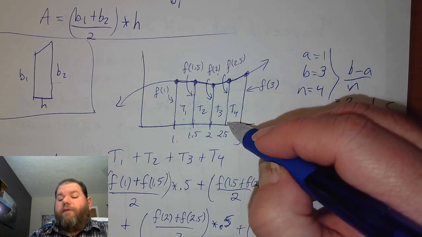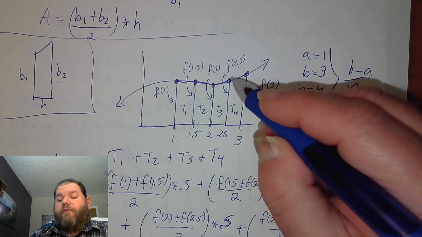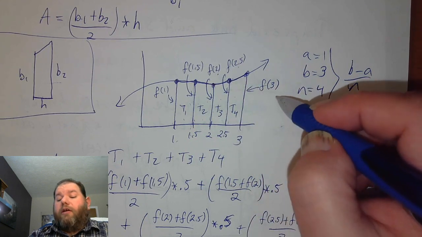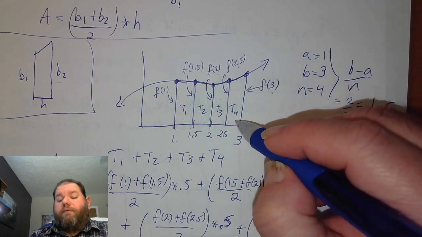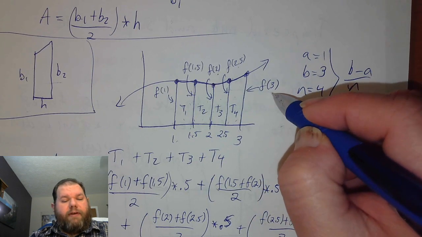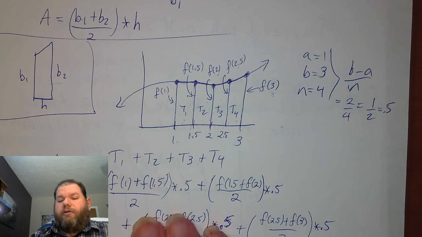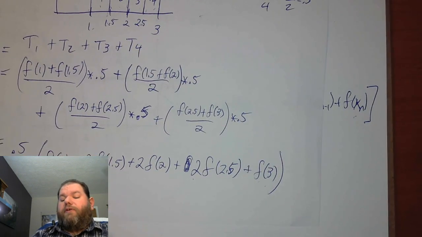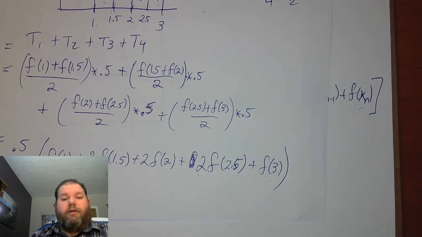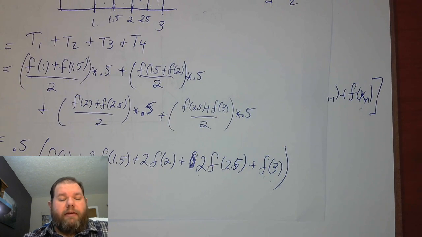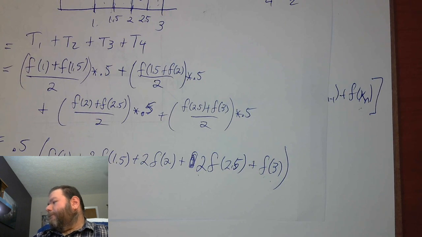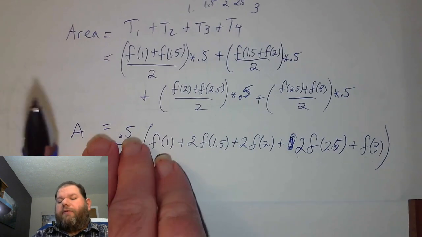And f of 2.5 is part of T3 and T4, so we'll use that twice as well. But f of 3 is only part of T4, so we only use that right side one time. And that's why we have each of these once on the outside, but twice in the middle, because of the number of trapezoids they are part of.